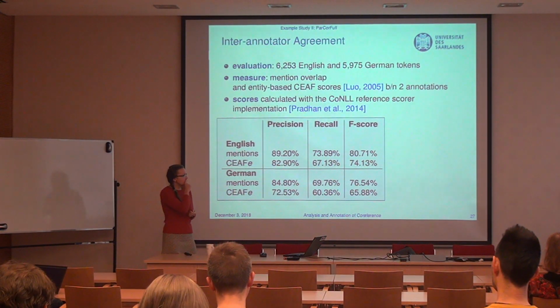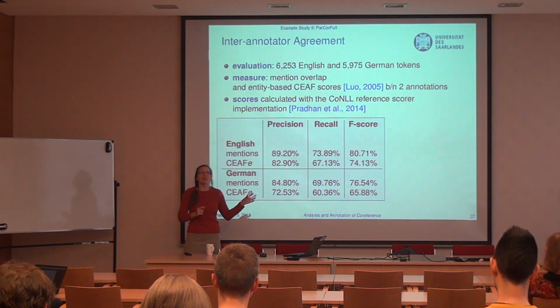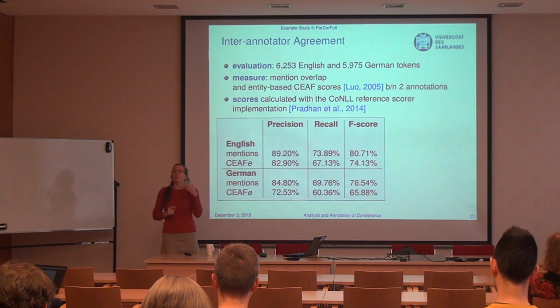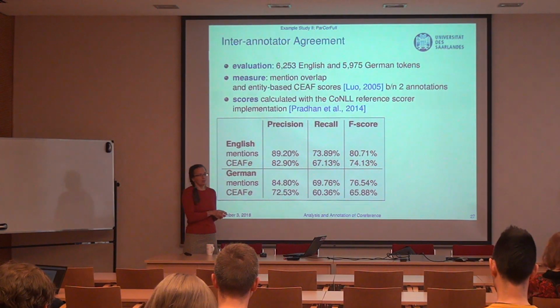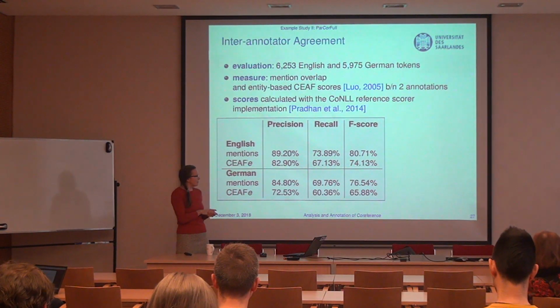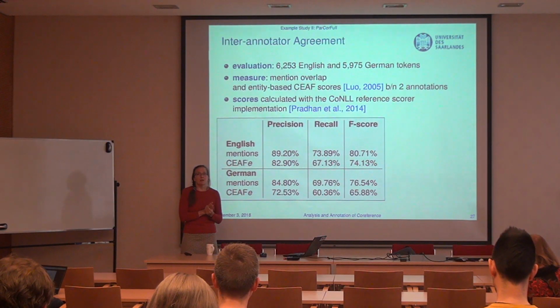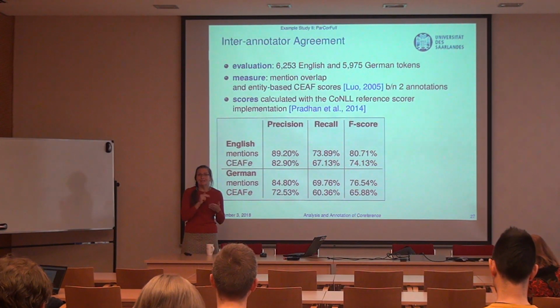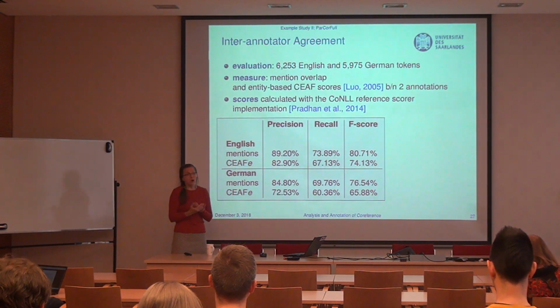We did not perform any qualitative analysis of which texts or which categories were more problematic in the sense of disagreeing. But I had some feedback from other projects working on German, who said that a lot of cases where annotators disagree are actually cases of abstract categories, of events, for example, because they are more difficult to interpret.